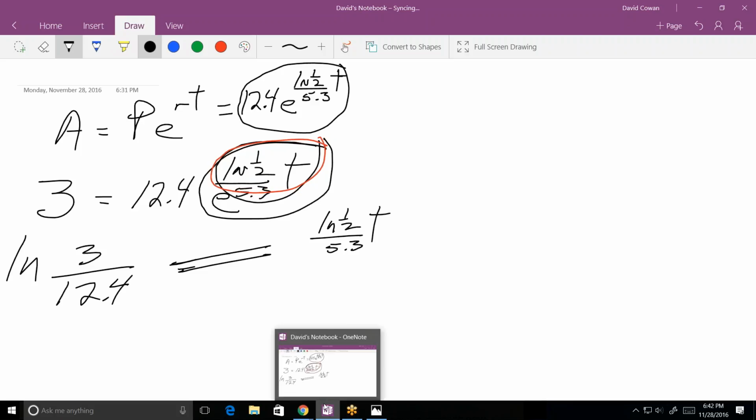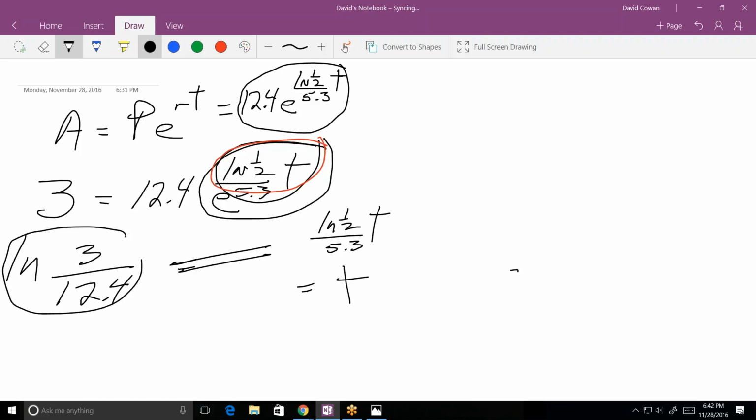The one on the left equals the one on the right. And now to solve for t, t equals this divided by this. And these can get a little hairy looking, but that number should be in the neighborhood of 10 years, because what we're doing is cutting it in half twice, right?